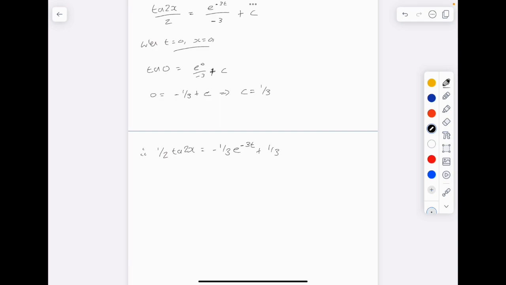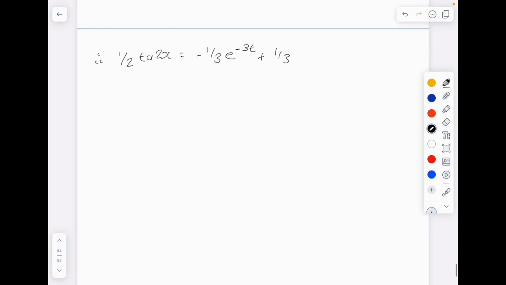Brilliant. We can therefore say from here, guys, that tan 2x must therefore equal negative 2 over 3 e to negative 3t plus 2 over 3. Brilliant.